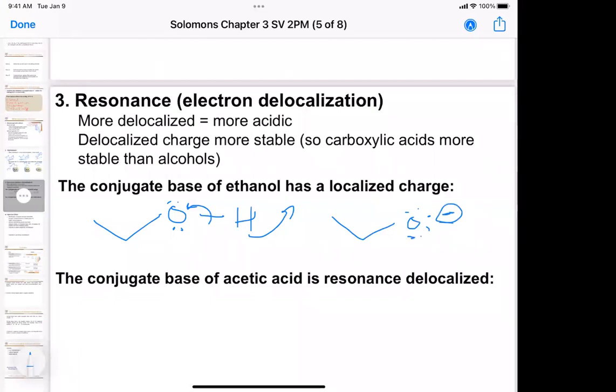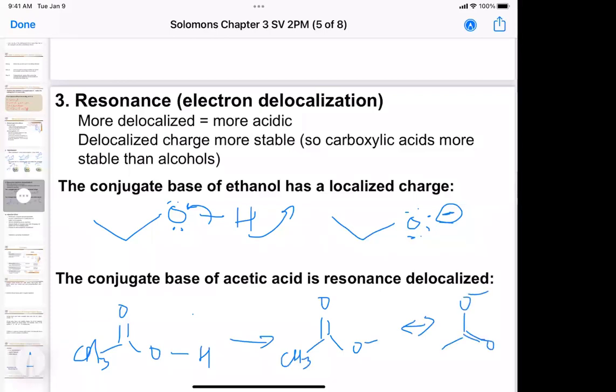But let's look at acetic acid instead. In acetic acid, if we pull this hydrogen off, we generate the first resonance structure here, but then there's another resonance structure where we can have that negative charge on the oxygen up here. These electrons kick in, these electrons kick out, and we go back and forth.